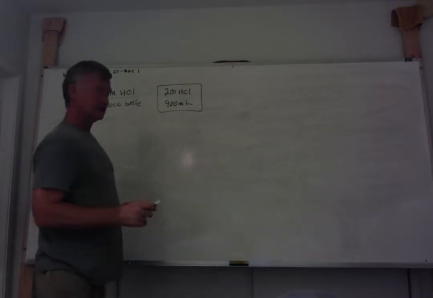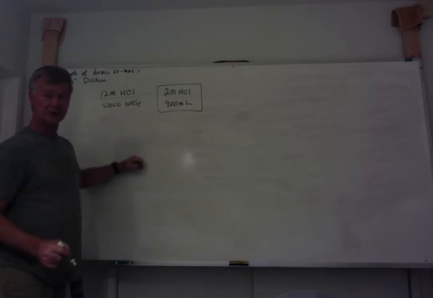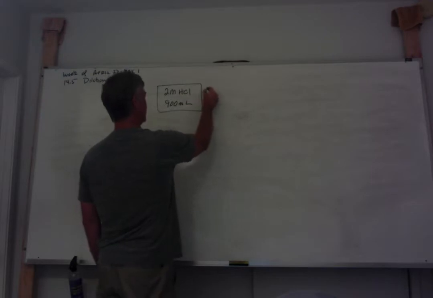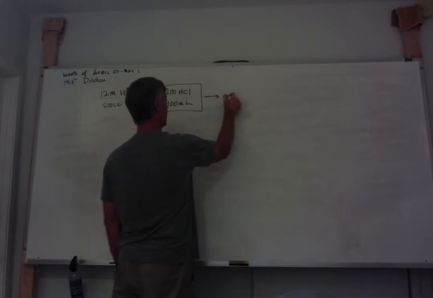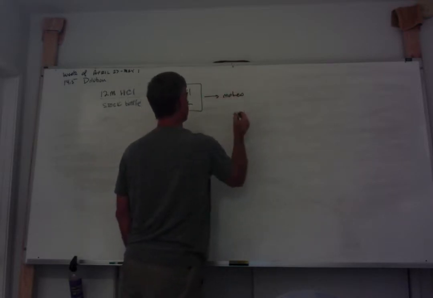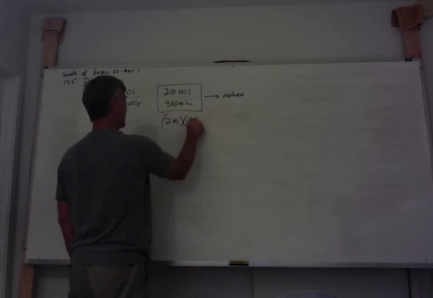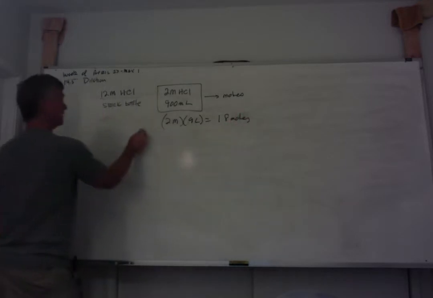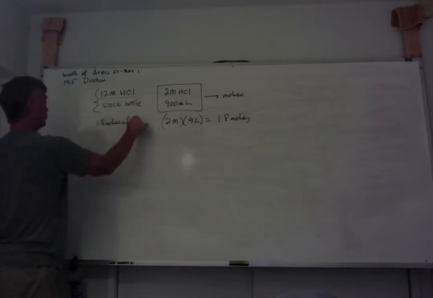Well, the question is, how much of this should I pour out, and how much water should I add to it? Well, the interesting thing is if you look at this, knowing molarity and milliliters, I can get to the number of moles. And so 2 molar times 0.9 liters, I need 1.8 moles. Over here, if I work backwards, I would say, well, I need 1.8 moles of 12 molar.